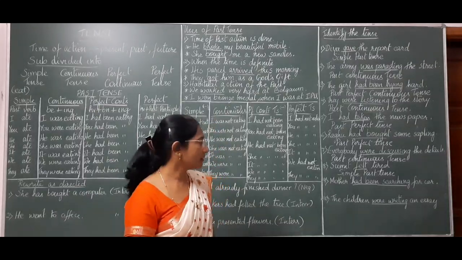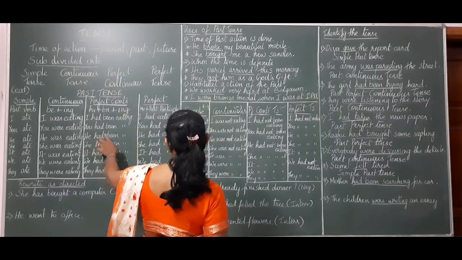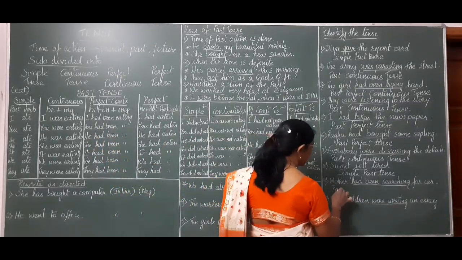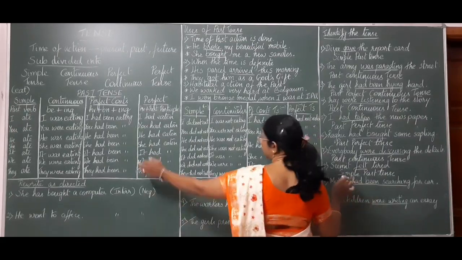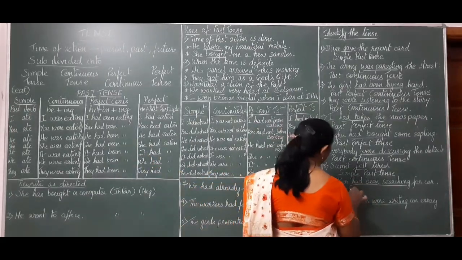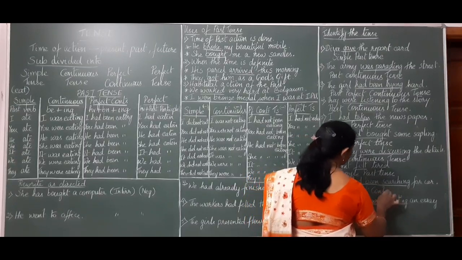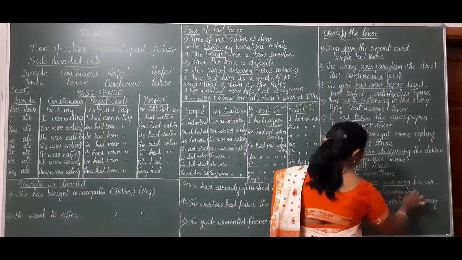Mother had been searching for car. Had been plus ing form, so it is a past perfect continuous tense.